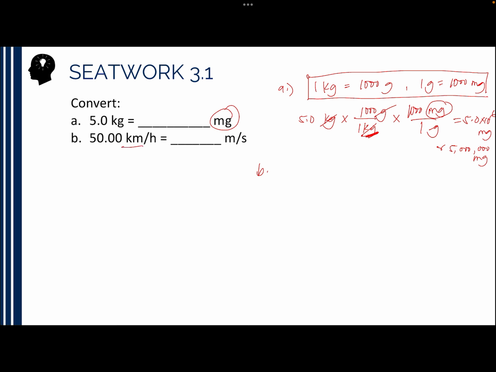For letter B naman, so sa letter B, duha na ang atong physical quantity. We have the km nga length, dayon we have the hour or second for time. So we will use again conversion factor. So 1 km is equal to 1,000 meter.